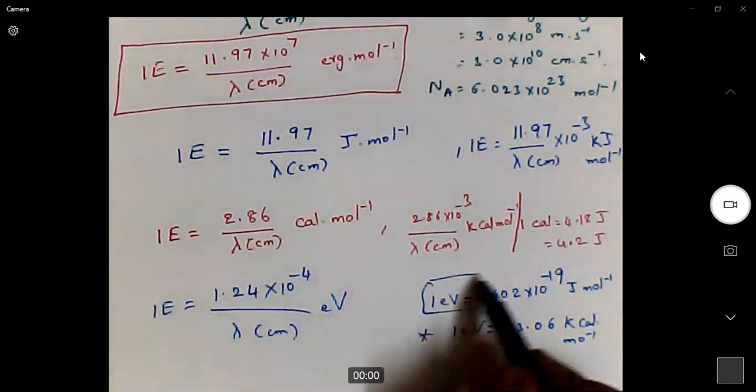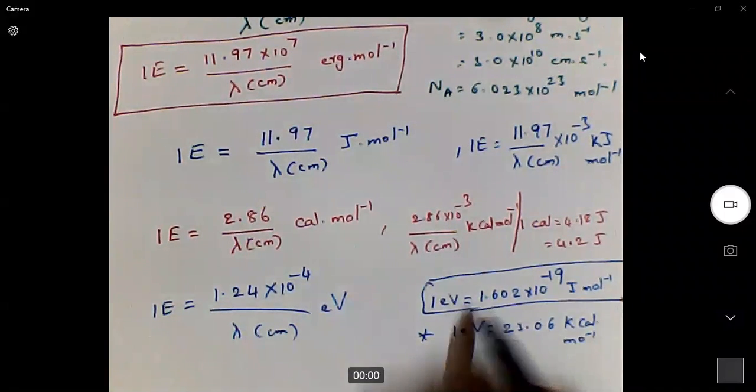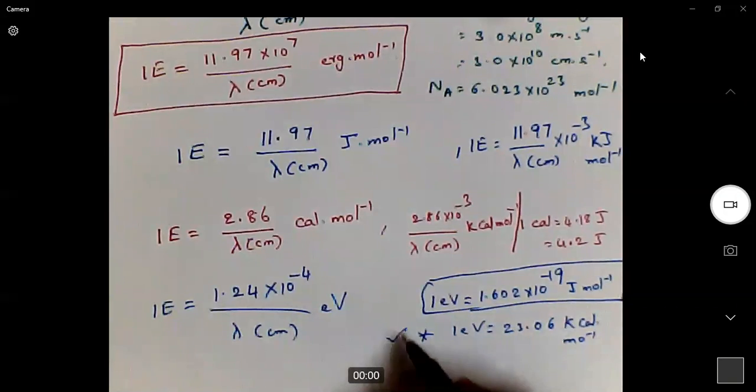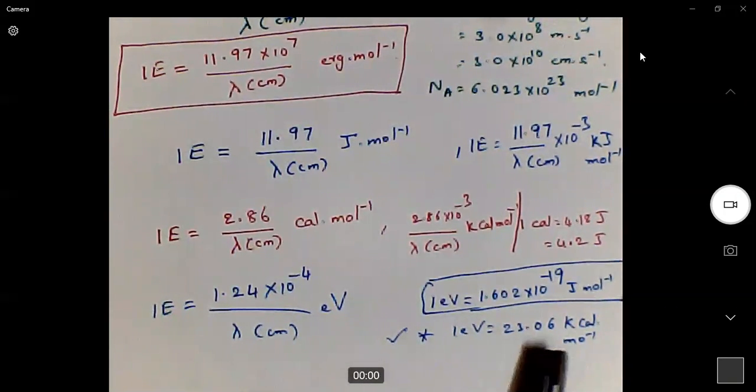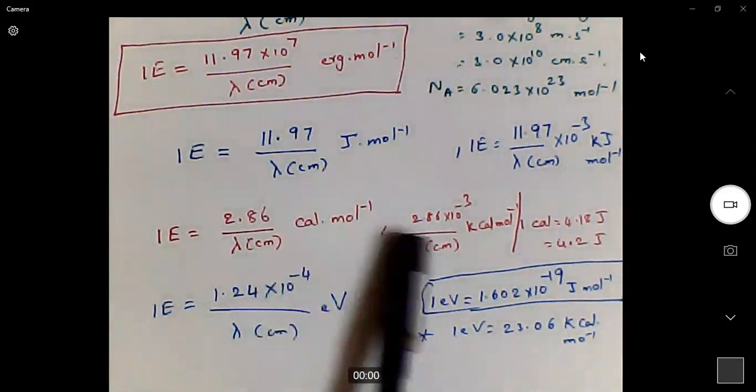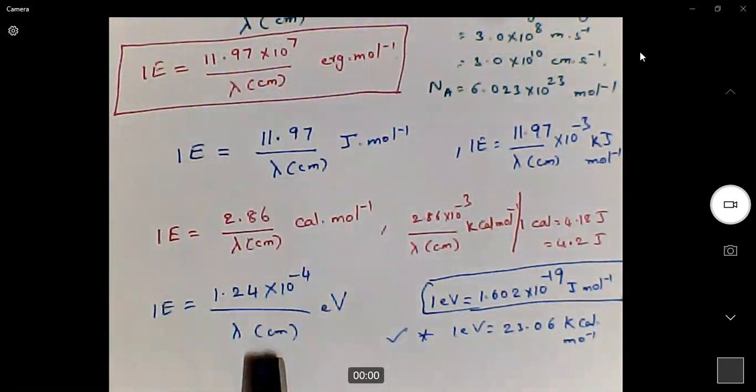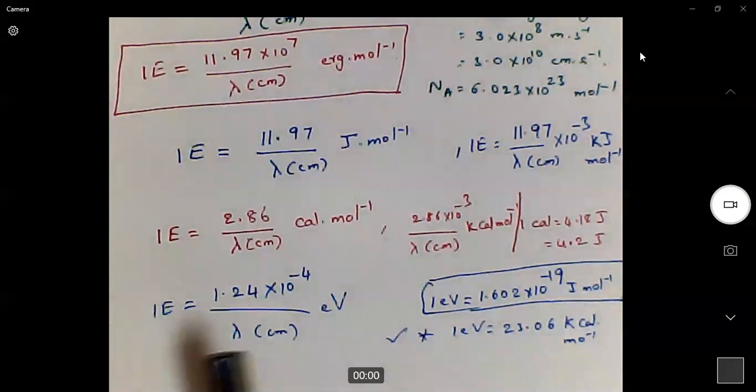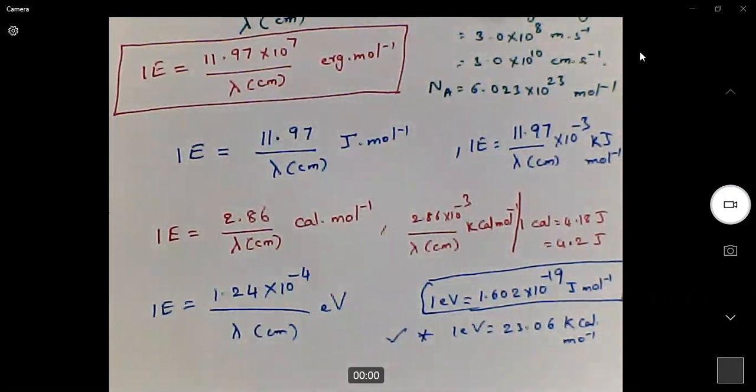We don't use this formula. When we substitute 1 electron volt is equal to 23.06 kilocalories per mole in this formula, we will get this value. 1 Einstein is equal to 1.24 into 10 power minus 4 by lambda in electron volts.